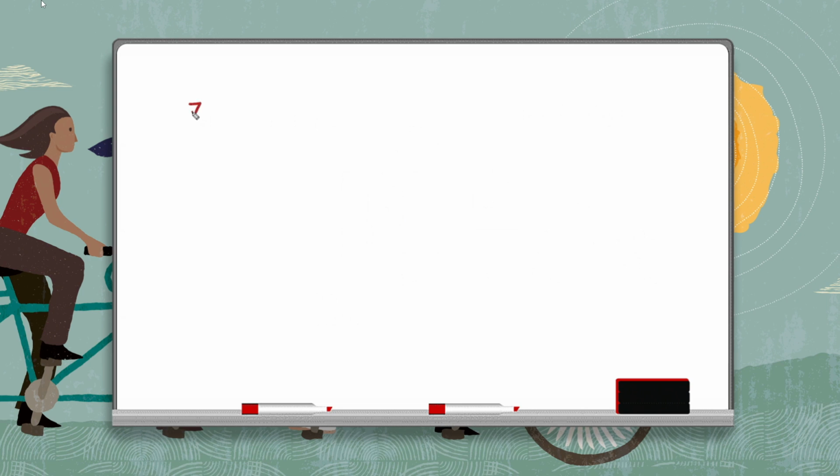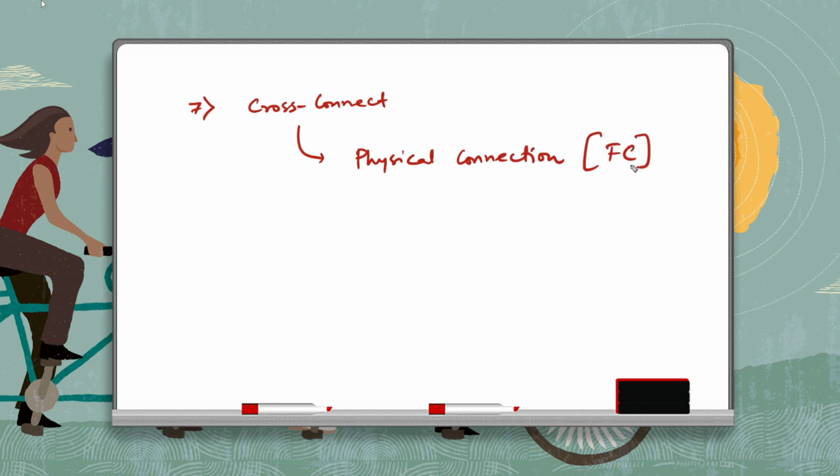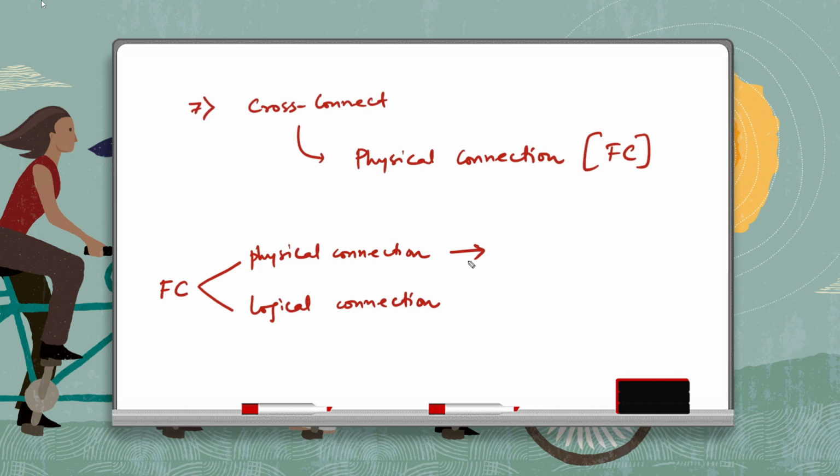Now the next concept is cross connect. So cross connect is the physical connection aspect in a FastConnect. Now note that in FastConnect, we have a physical connection as well as a logical connection. When I say physical connection, you should understand that it's basically a cross connect.